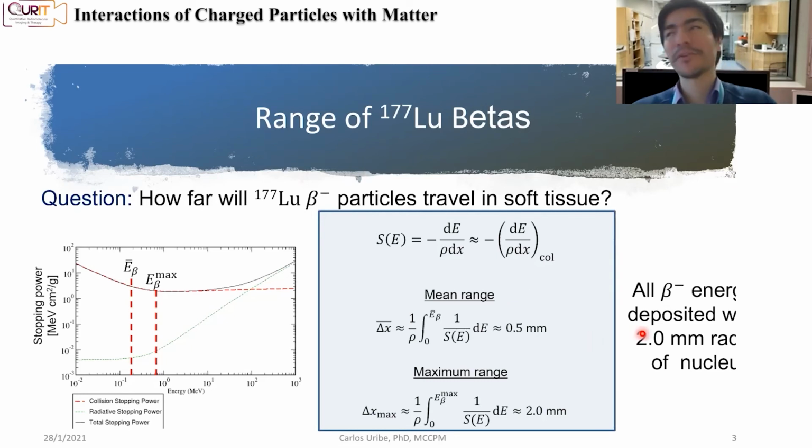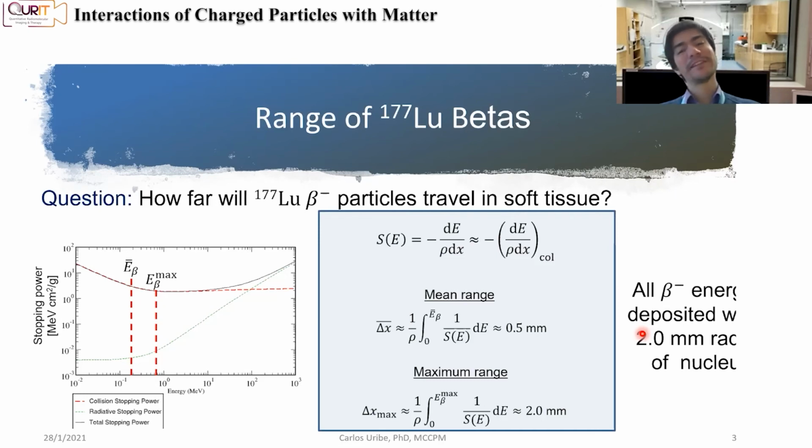And why is this important for us? We know that we can use beta particles to treat disease. So for example, if we're treating a very, very small tumor, then we would try to target it with beta particles that don't travel too far, because the beta particles of lutetium might be able to cover the full size of that small tumor.